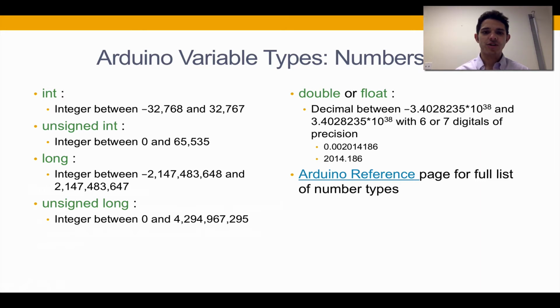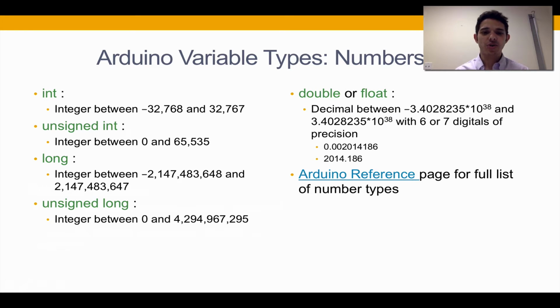These are integers for which we are not interested in storing the sign. For example, we always know that we're interested in positive numbers. In that case, you can store values from 0 to 65,535, so you've basically doubled the values that you can store.